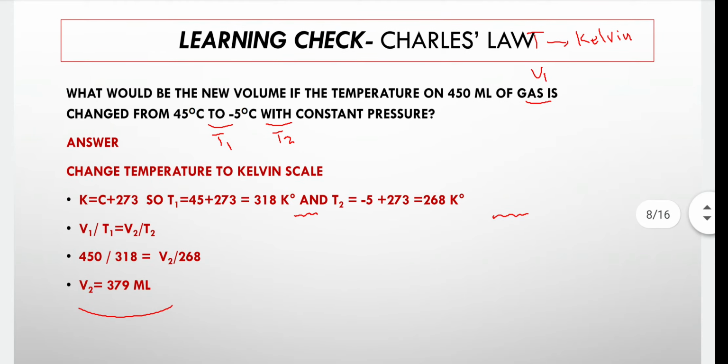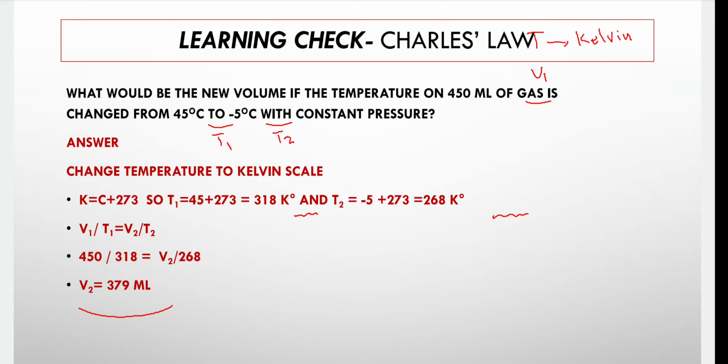As an example, you have to first change any temperature from Celsius or Fahrenheit into Kelvin. You can't work with any other unit, just Kelvin. As you can see, the gas volume 1 equals 450. It changed from 45 degrees Celsius to minus 5 degrees Celsius.